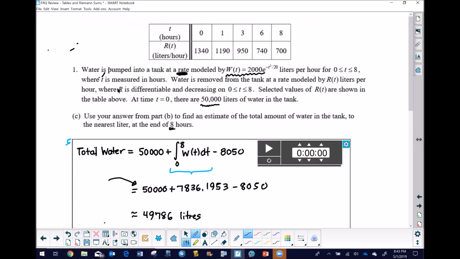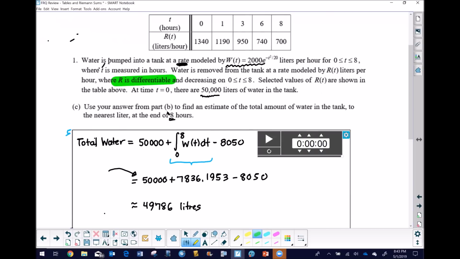We were told that R was differentiable. We were given what W looks like. We can make guesses about that. So it's up to us to see that this phrase right here, this R is differentiable phrase, will imply R is continuous. And it's not going to take a lot of rocket science to probably figure out, hopefully, that W of t is continuous. In fact, that's something I just did today with the pre-calc class, talking about how exponential functions are continuous everywhere on their negative infinity to infinity domain.